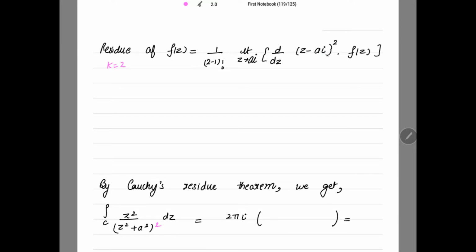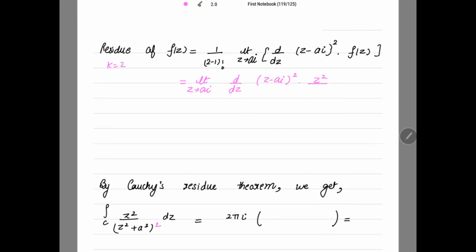Then (z minus a iota) to the power k, k is 2, into f(z). So this is 2 minus 1 factorial, which is 1, no need to write. Then limit z tends to a iota, d by dz of (z minus a iota) whole square into f(z). What is f(z)? f(z) is z square over (z square plus a square) whole square.